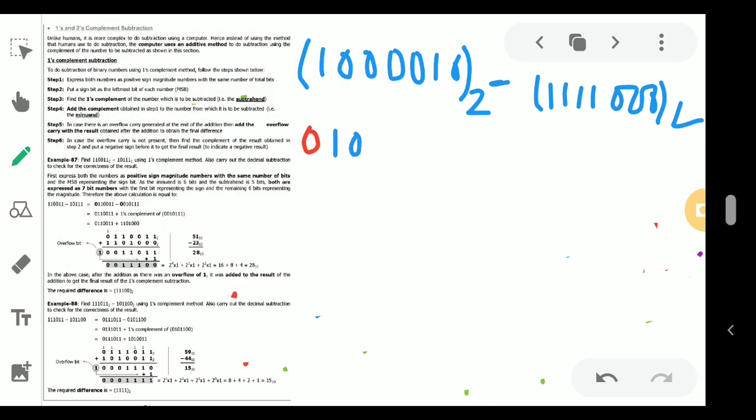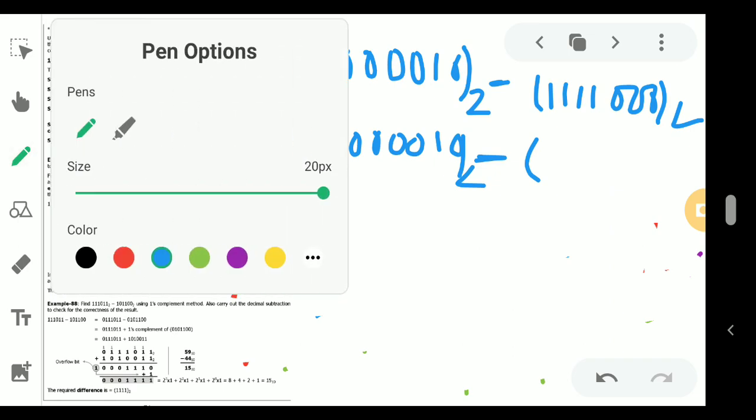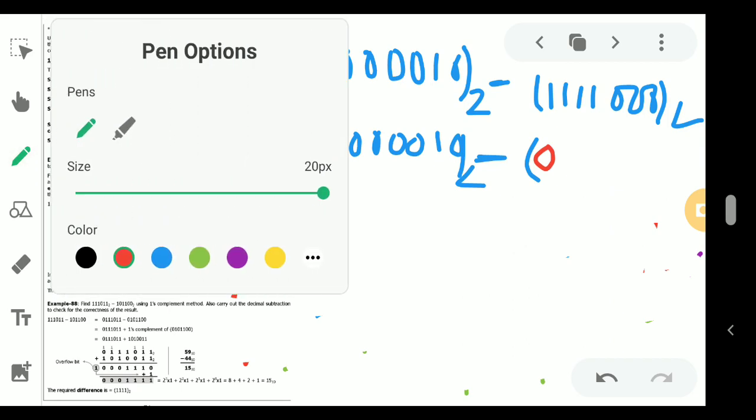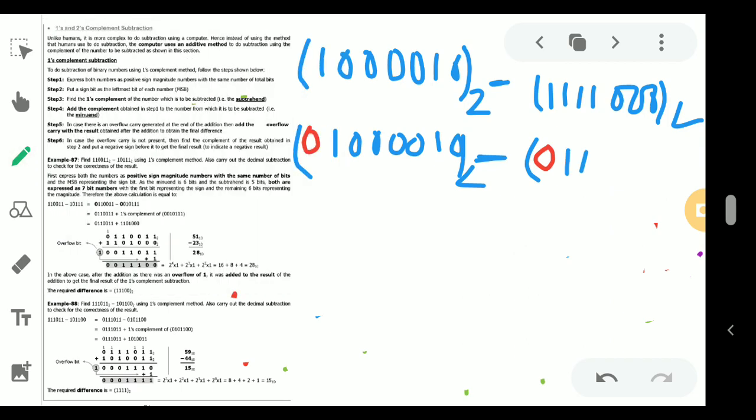That is 0 1 0 0 0 0 1 0 base 2 minus, again we add the MSB bit, that is 0, to make it a positive number, and the rest part is 1 1 1 1 0 0 base 2. Maybe you misunderstood something: it is not a 9, it is 0. So the first step is over.